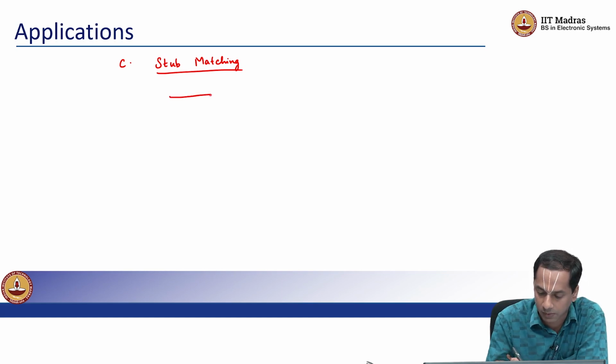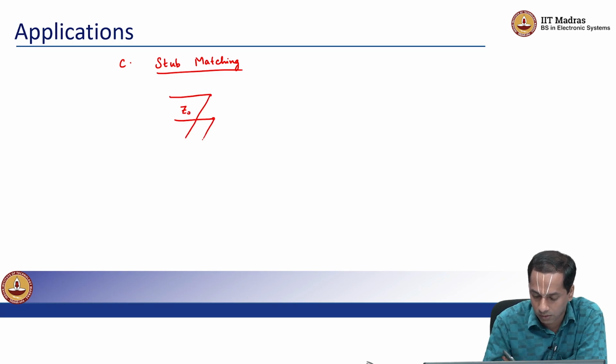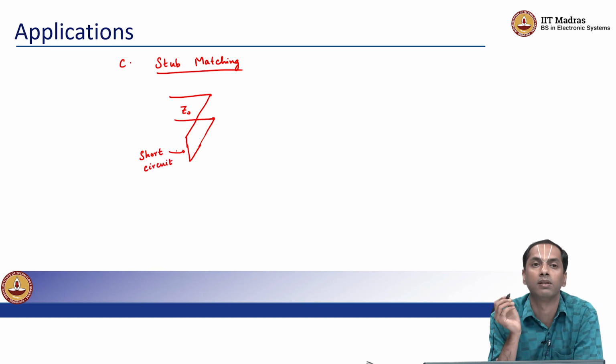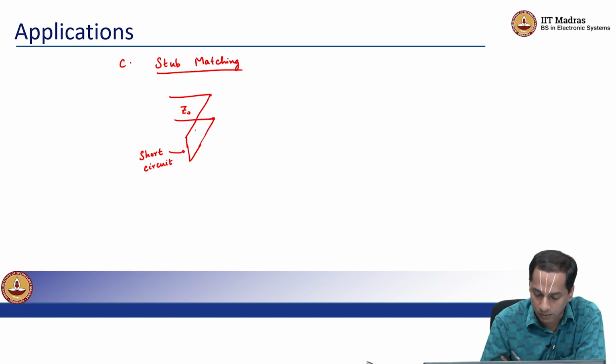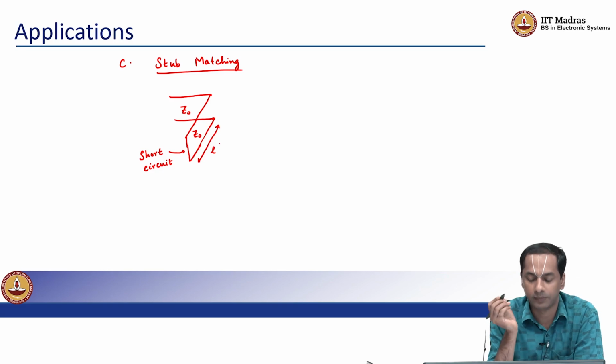So I have a transmission line of characteristic impedance Z0, and what I do is I introduce a stub in parallel. This of course can be a short or an open circuit. I'm just giving you a short circuit as an example, right? And this is also of characteristic impedance Z0 and a very specific length L that I need to calculate.